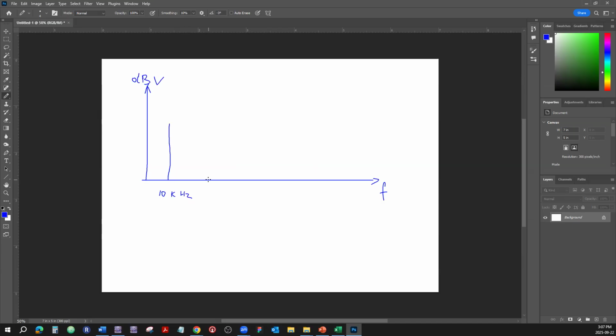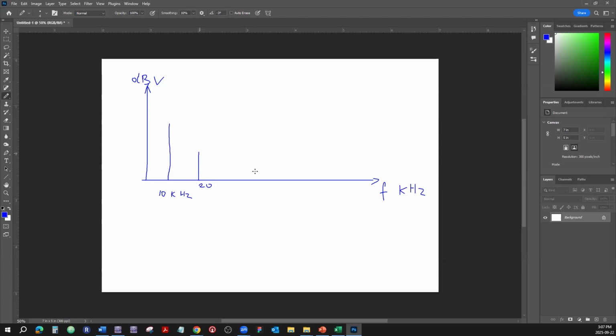All right, so the second harmonic of that, the fundamental frequency is the first harmonic. However, we don't call it the first harmonic, we're calling it the fundamental frequency, but it is the first harmonic. Then somewhere at around 20 kilohertz, I'm just going to put kilohertz here so I don't have to write the kilohertz every time.